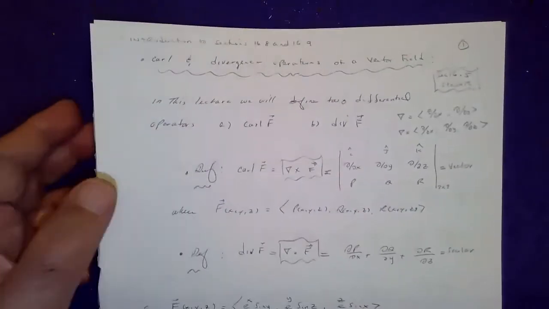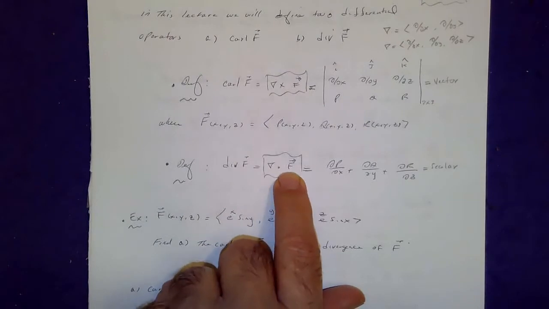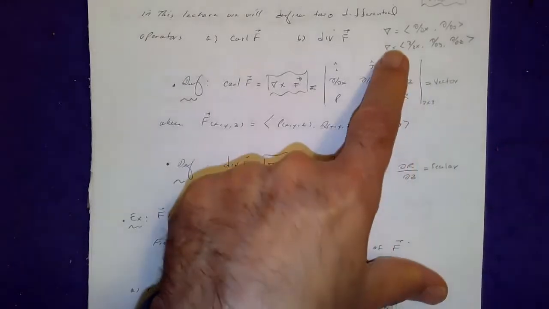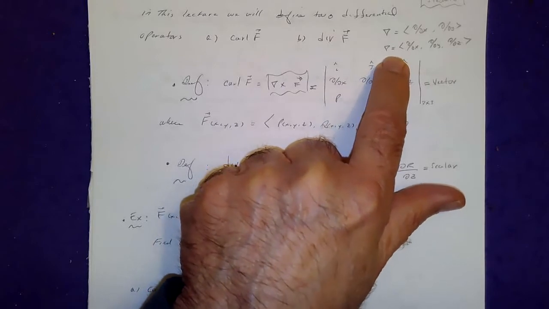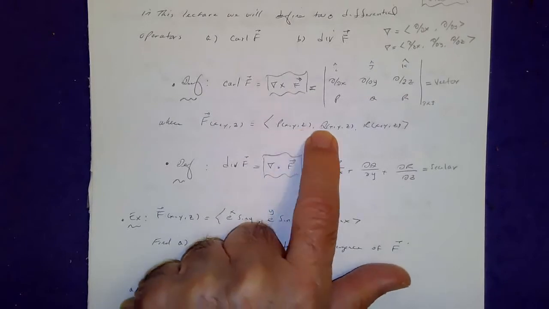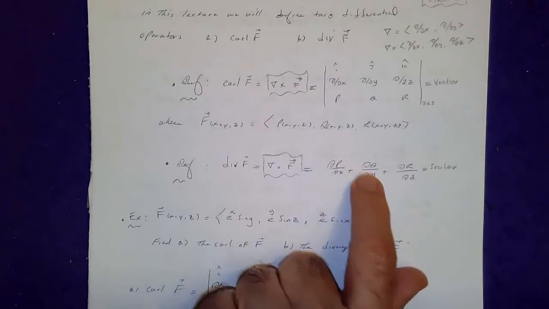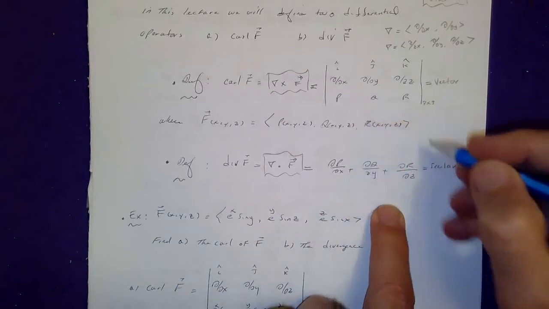In other words, the curl of f is a vector. On the other hand, the divergence of a vector field is del dot f. In other words, this is a dot product. If you take the gradient operator, which is also known as nabla, and dot it with f, where f is P, Q, R, you get partial of P with respect to x plus partial of Q with respect to y plus partial of R with respect to z.